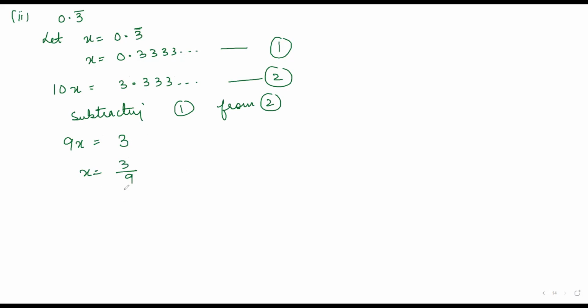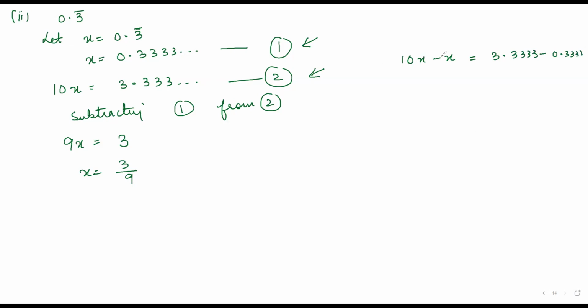Ma'am, how does it turn into 9x? Okay, see, you are subtracting the first equation from the second equation. That means left hand side 10x minus x, and the right hand side 3.3333 minus 0.3333. This is how I'm going to subtract it.